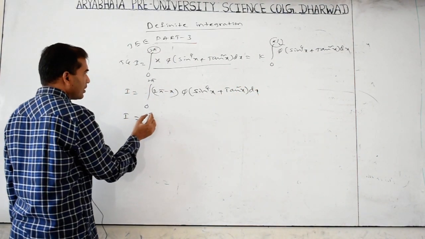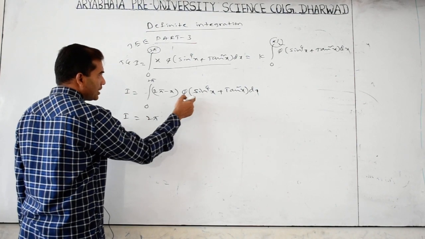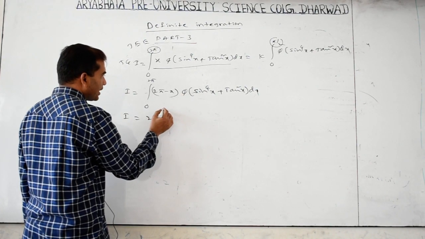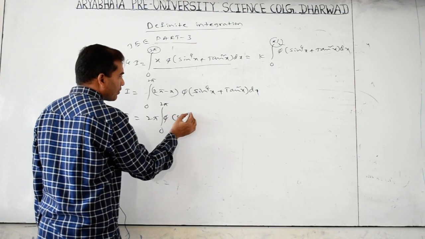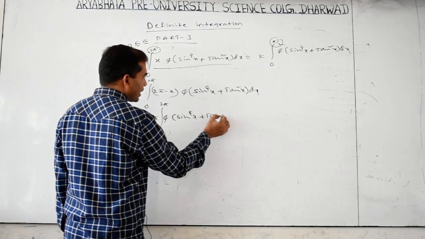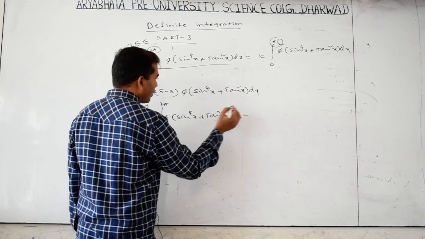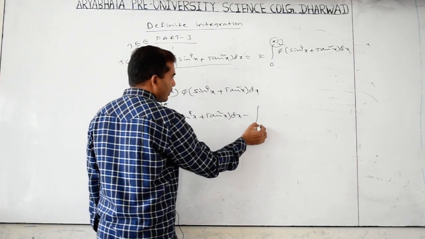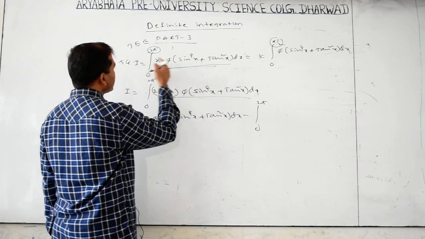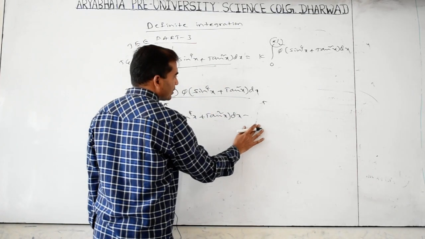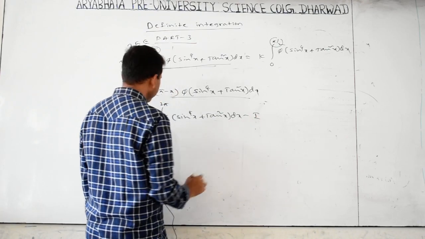Then I equals 2 pi into integration 0 to 2 pi of pi of (sin power 4 x plus tan square x) dx minus integration 0 to 2 pi of x into pi of (sin power 4 x plus tan square x), which is equal to I.